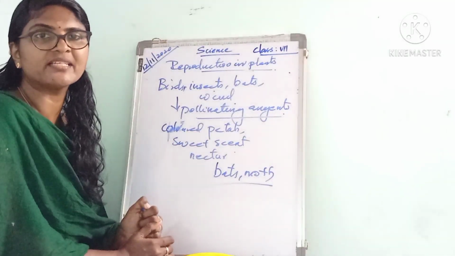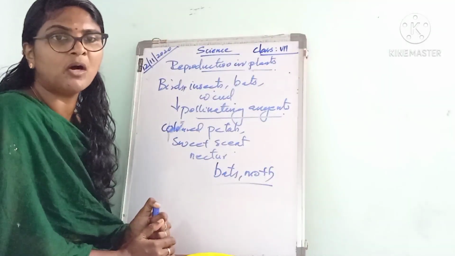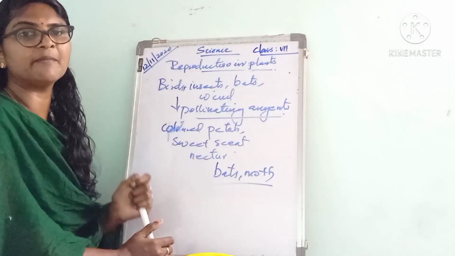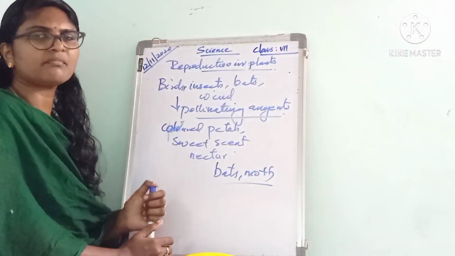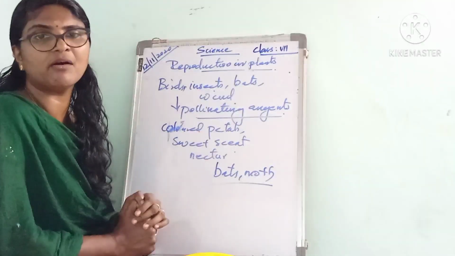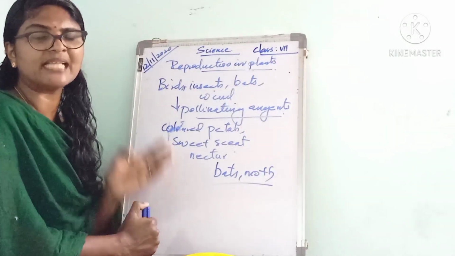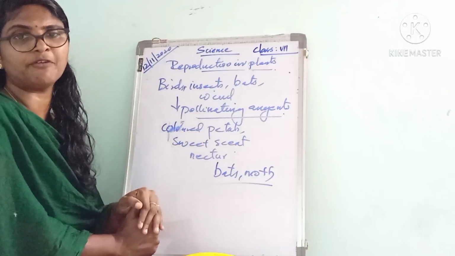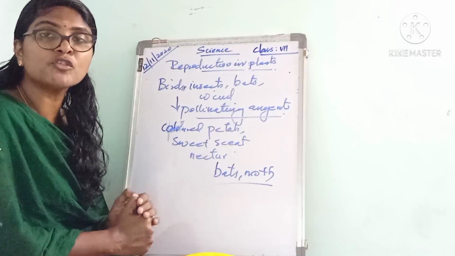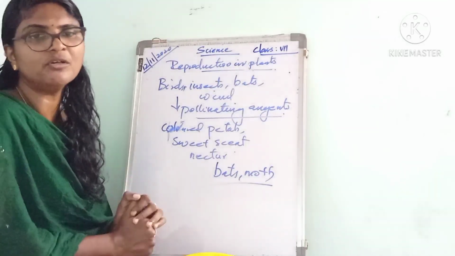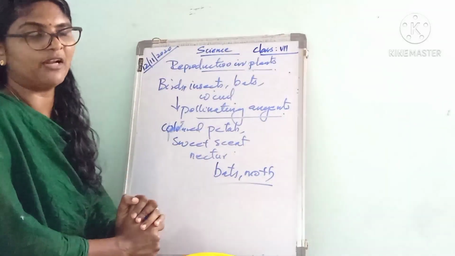Such flowers appear white. These animals move from one flower to another and their bodies carry pollen grains from one flower to another. In this way, the pollen grains are transferred from flower to flower.